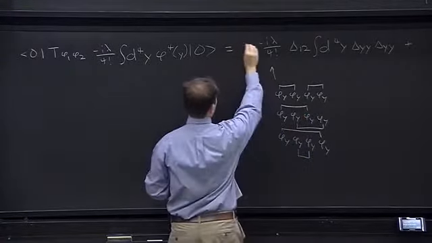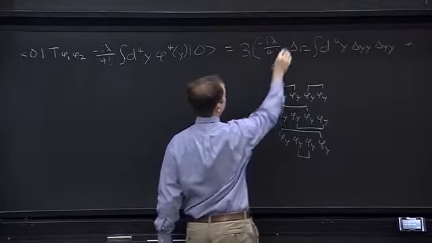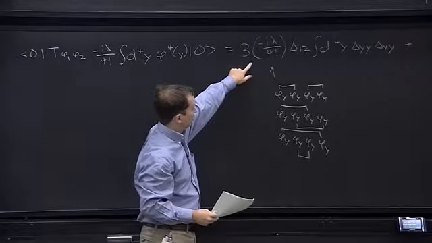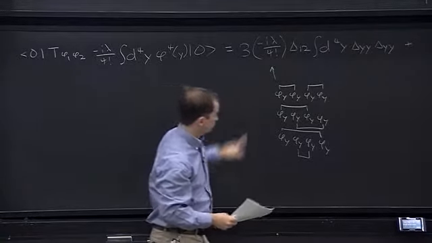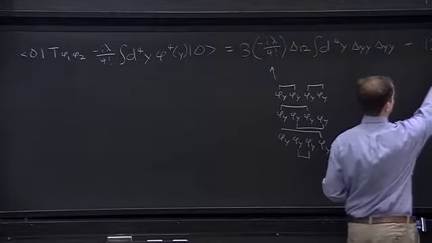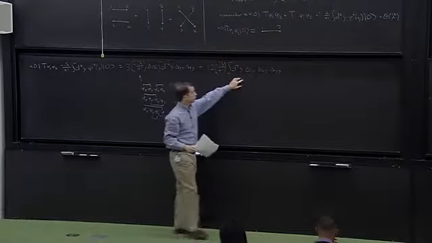And so there are three ways to get this term. So we get a 3 here. And similarly, there are 12 possible contractions that give us a term like this.